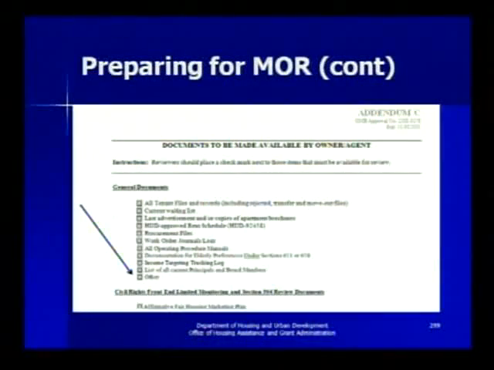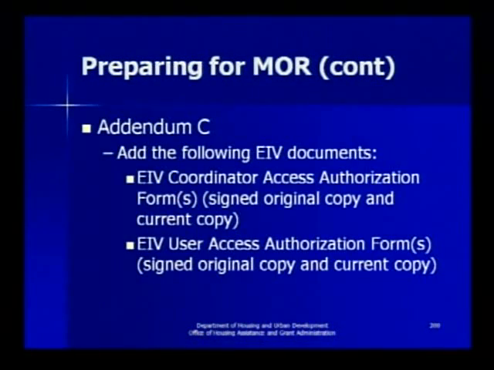This is where you're going to be listing out the forms that they must have available when you come out to your MOR. Those forms include the coordinator access forms, the original one that is signed, and a copy of the current one. The user access forms, the original one signed, and the current one.